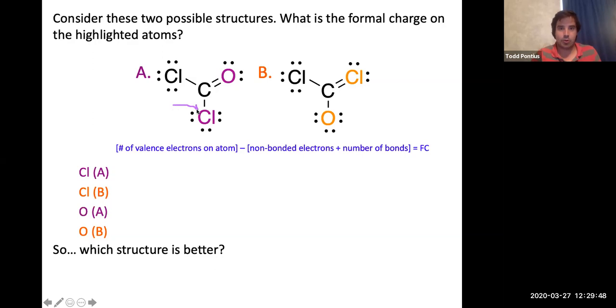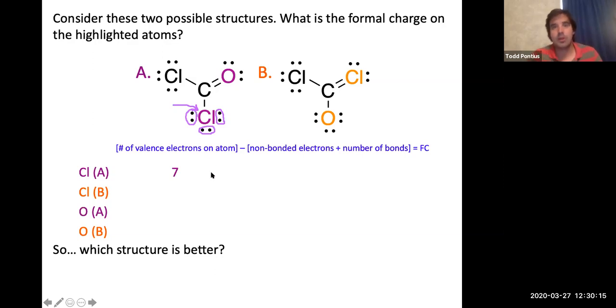Up first, we're going to do this atom, the chlorine on molecule A. Chlorine is in group 7, so that means that it has 7 valence electrons. The number of non-bonded electrons: it's got 1, 2, 3 lone pairs on it.